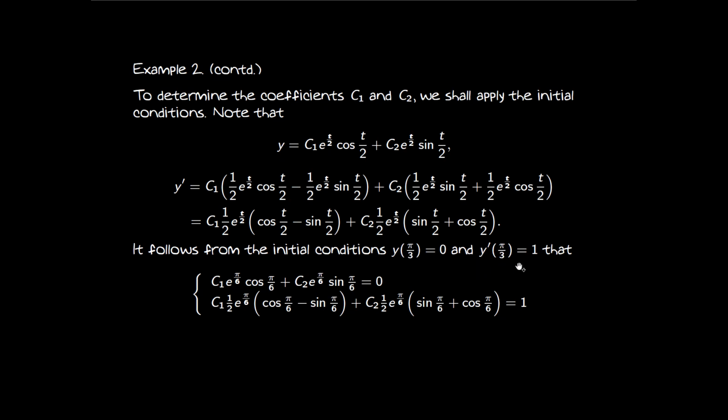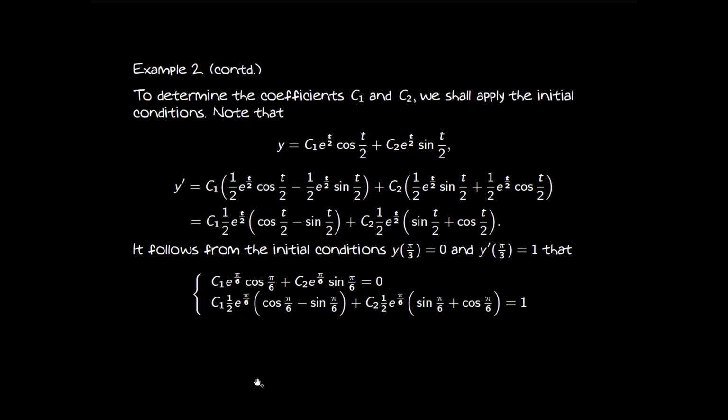The second condition is similar: y prime of pi/3 is equal to 1. That means when t is pi/3, my y prime is going to be 1. So I replace the t values by pi/3, and all of the t/2 become pi/6, and the value is 1.